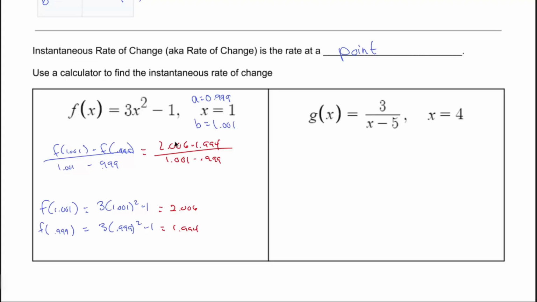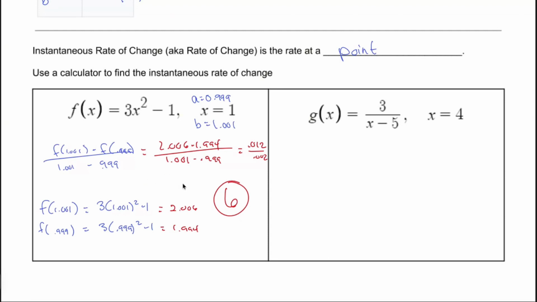Now, we found out that this top part ended up being 0.012, and this bottom part ended up being 0.002, and when we divided these numbers together, we got a nice 6. Okay? So that is the instantaneous rate of change, what we think it is.